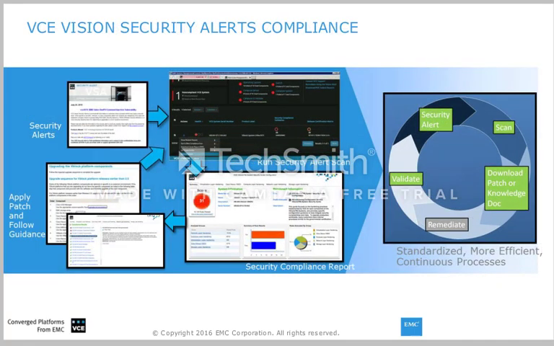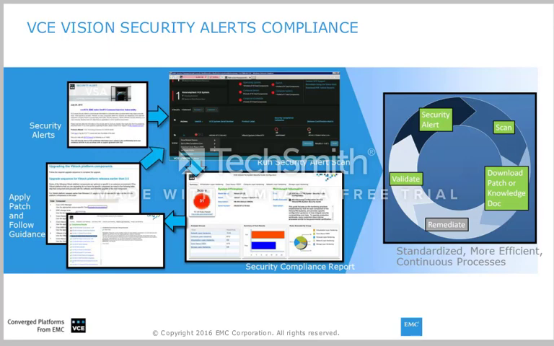Vision intelligence and automation enables a standard, more efficient, and continuous process for keeping infrastructure in the best security hardened posture against newly found security holes in multi-vendor technology components.